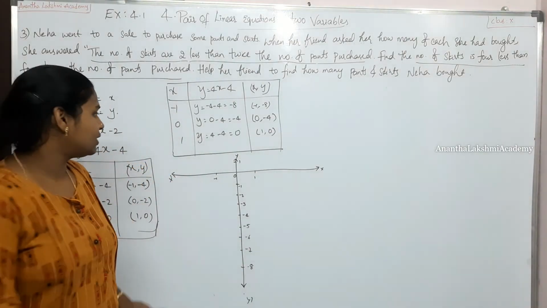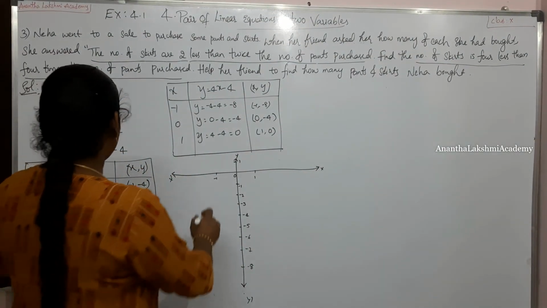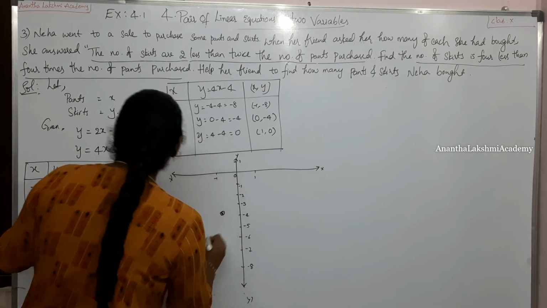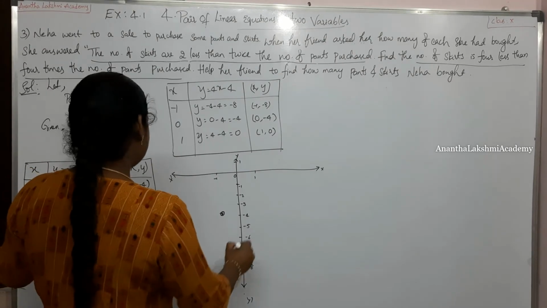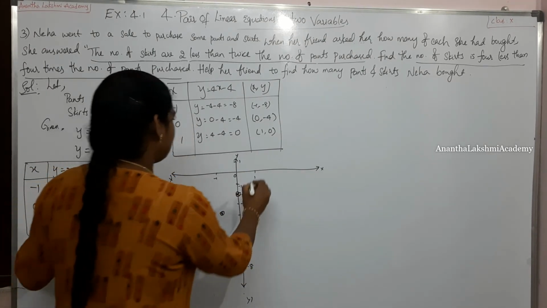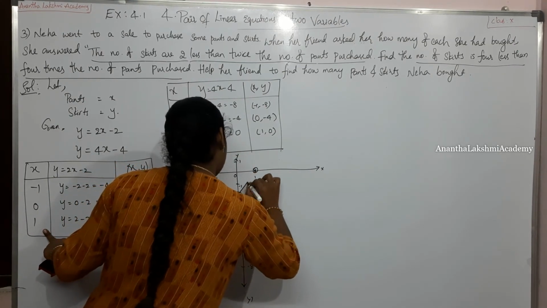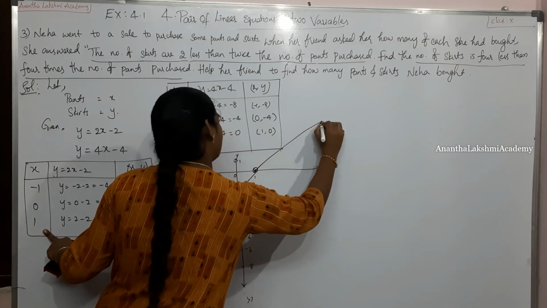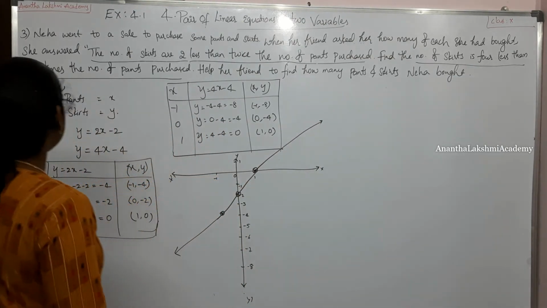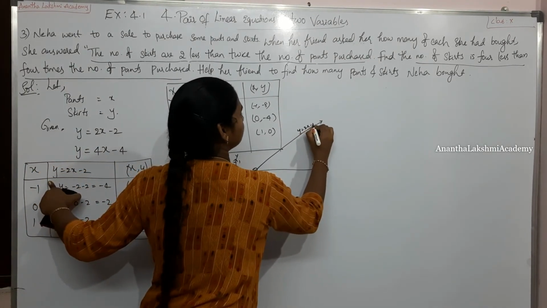For the first graph, when the x value is minus 1, y is minus 4. When x is 0, this is minus 2. When 1, it is 0. So if you draw a line joining these 3 points, I'm going to extend that here and here. What is this line? y is equal to 2x minus 2.